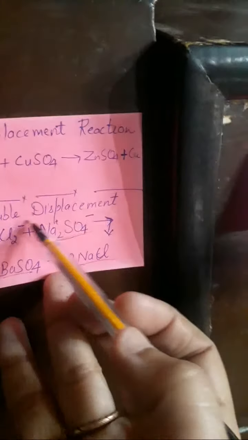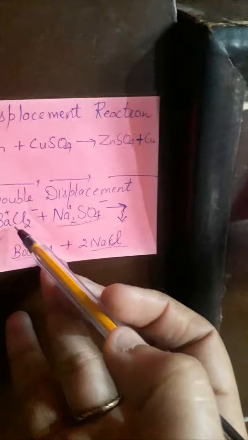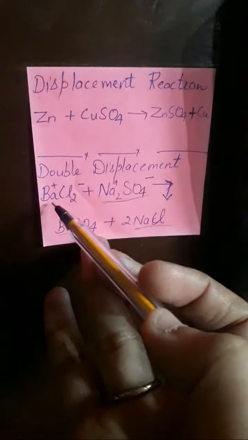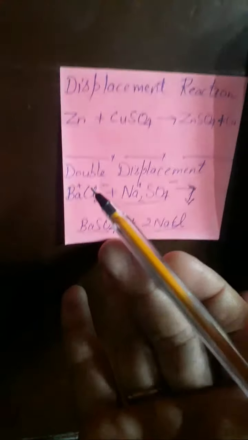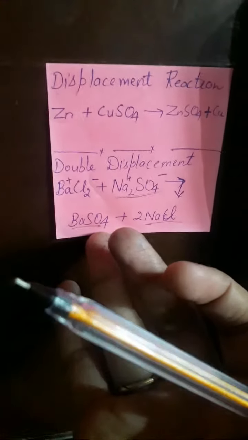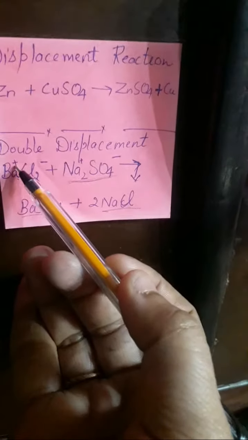In a double displacement reaction, there will be a change in the ions. In the ninth standard we talked about ions. Ions are of two types, anions and cations. Anions have a negative charge and cations have a positive charge. So what is happening here? Barium has a positive charge, so it is a cation.